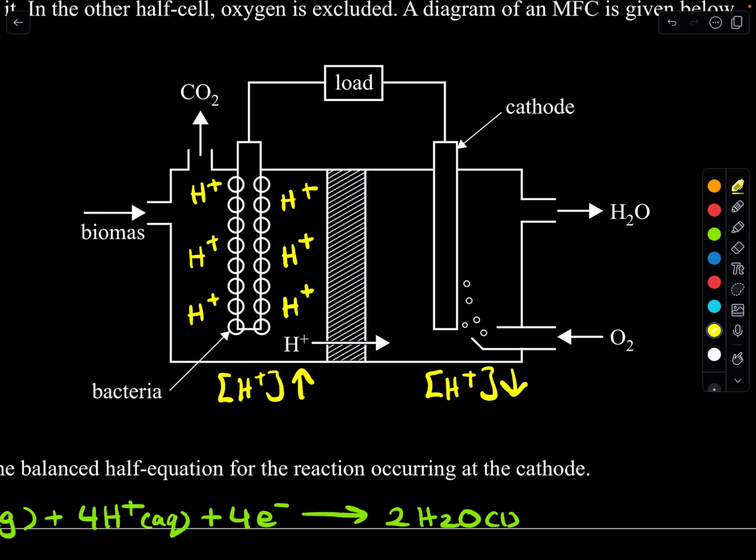Because remember, this creates a concentration gradient where ions from high concentration go to low concentration. So all these H plus ions will try to move to the right so they can bring this to equilibrium, so it can have the same H plus ion concentration too. And if it does that, equilibrium is reached, and hence the concentration gradient will be 0 again. That's what diffusion is.